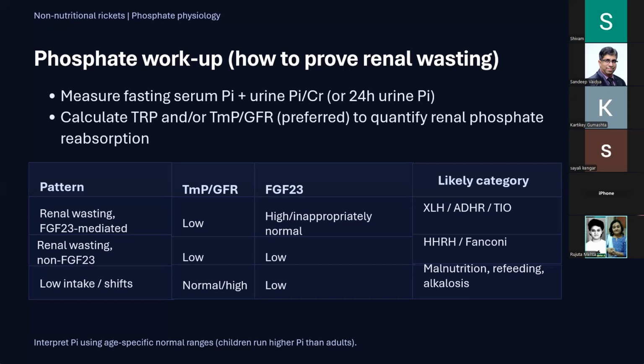And it can also occur in low intake of phosphate, in which the FGF23 levels are going to be low, but the reabsorption is going to be normal or high in order to maintain the levels, and it can occur due to refeeding, malnutrition, or alkalosis.